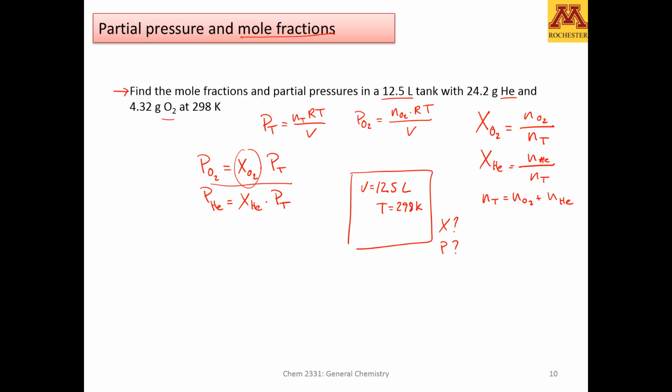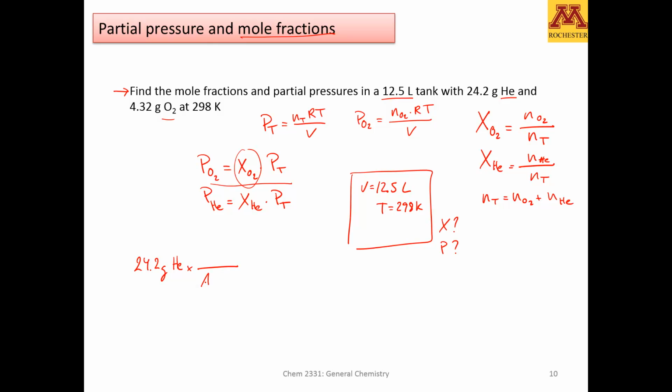Notice that we're given volume and temperature, and we're given the grams. First, you cannot use PV equals nRT using grams. You need to convert to moles.